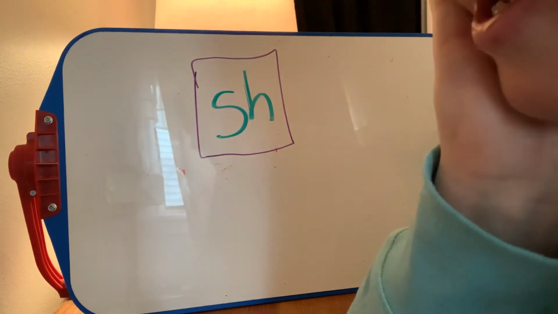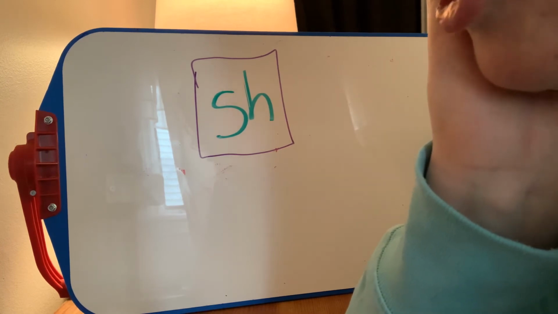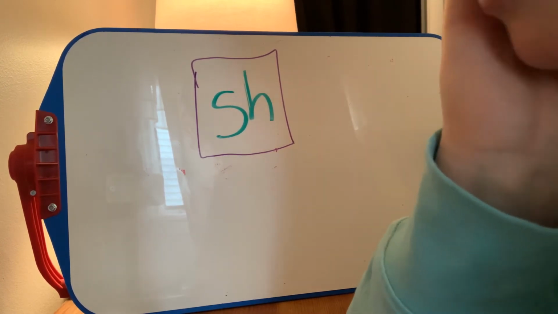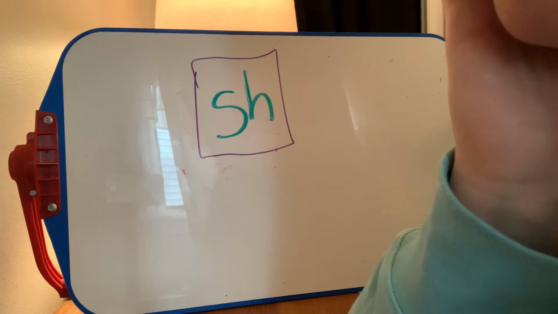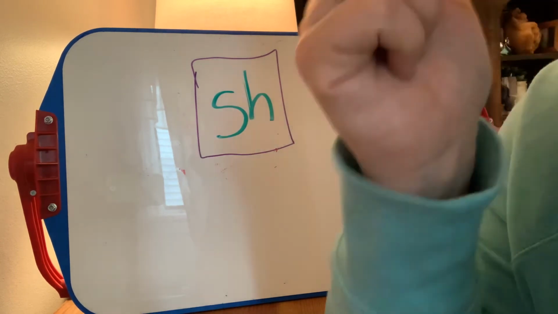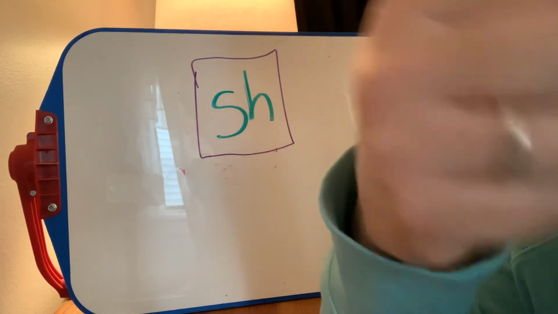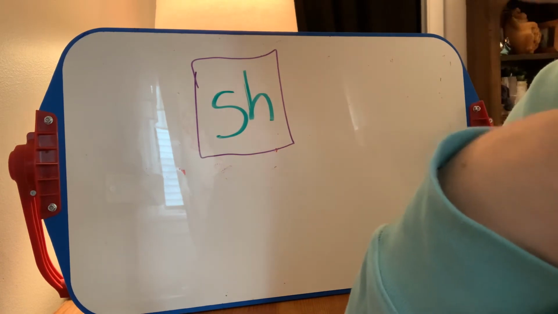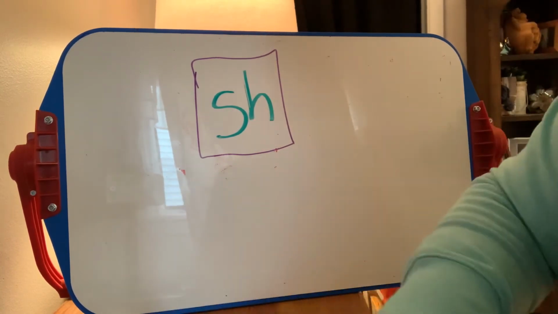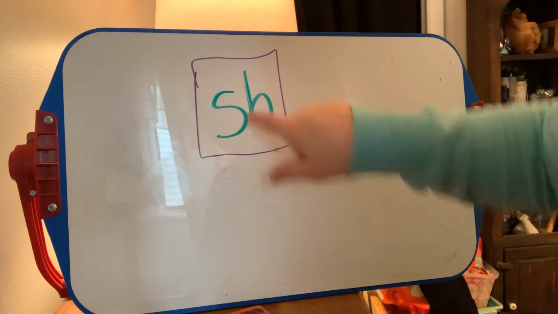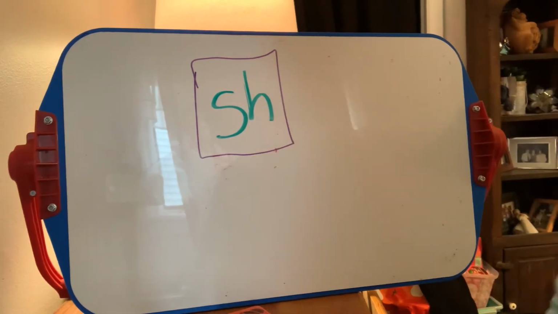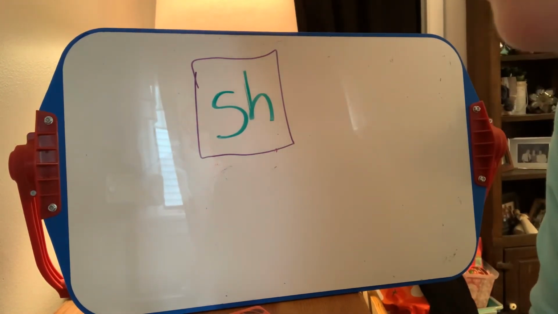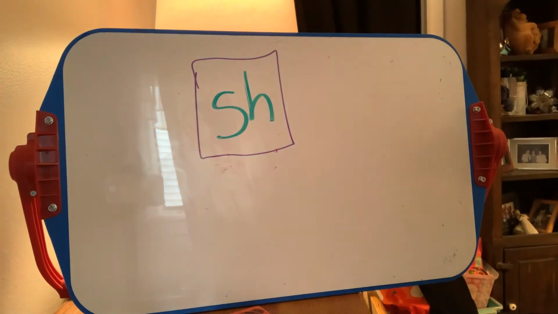So the SH makes the sh sound, and they will always make that sound when they're together. When S and H hang out together, they make the sh sound. And we call that a digraph. Okay, so go ahead and have Aiden read the SH contraction / digraph. Go ahead.